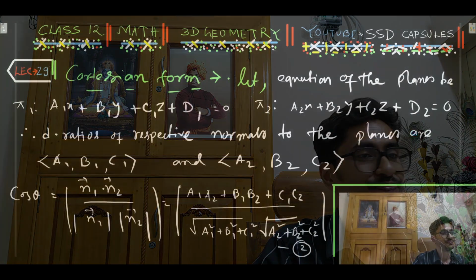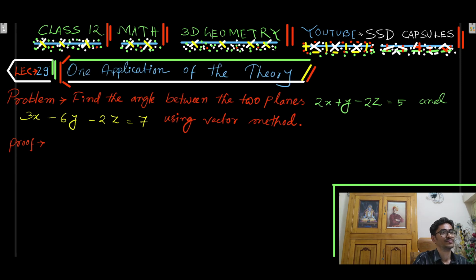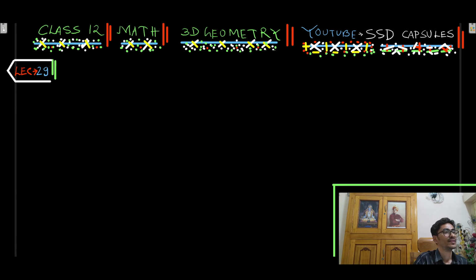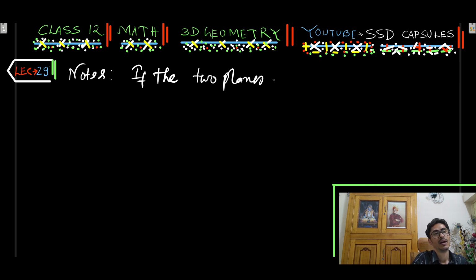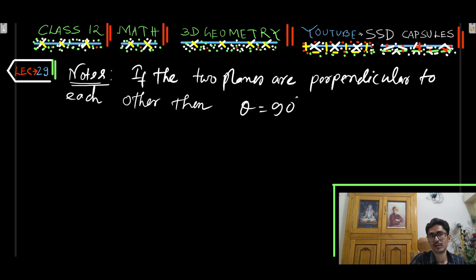So now again we are going to find two notes. If the two planes are perpendicular to each other, then theta equal to 90 degree, then cos theta equal to what? 0.